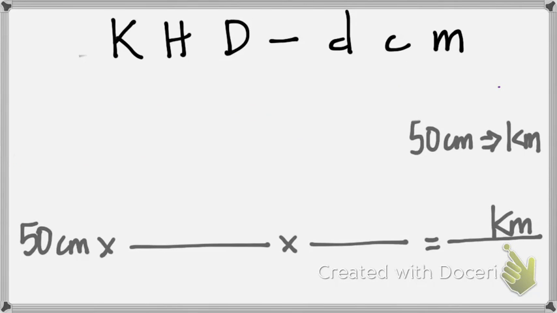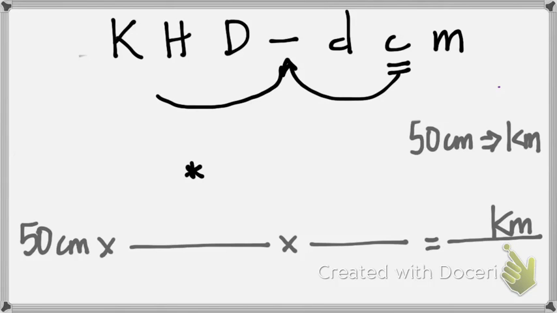In order to do that, I'm going to start at my centimeters, and I'm going to try and make a connection between centimeters and meters, and that's going to happen in this first step.